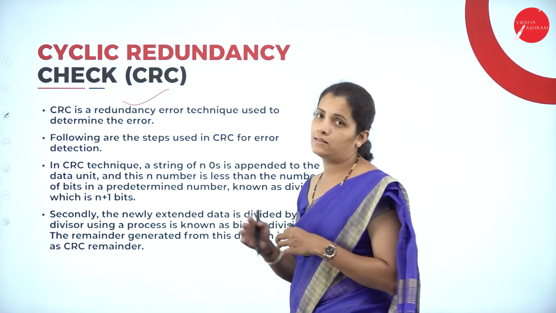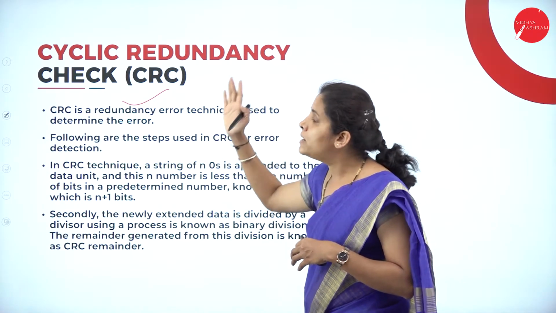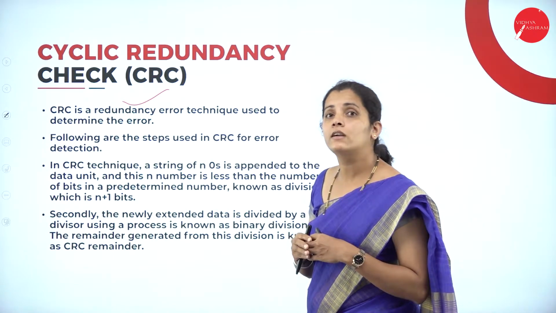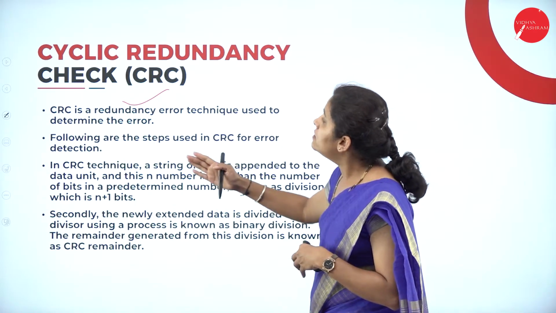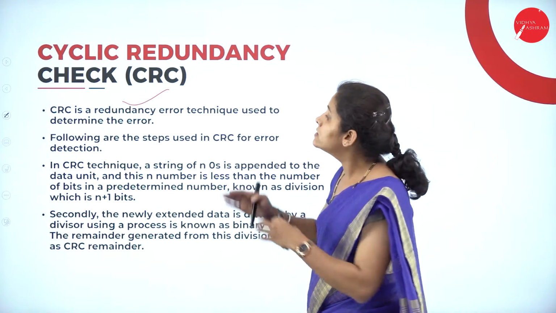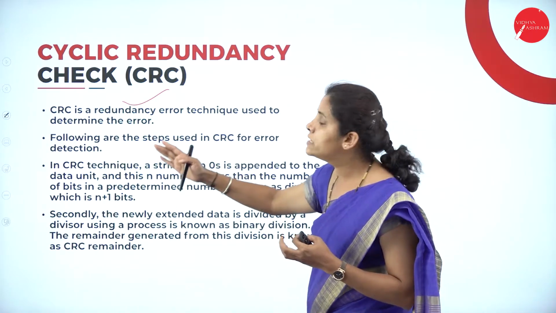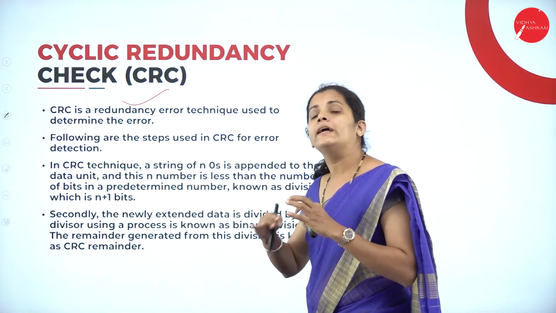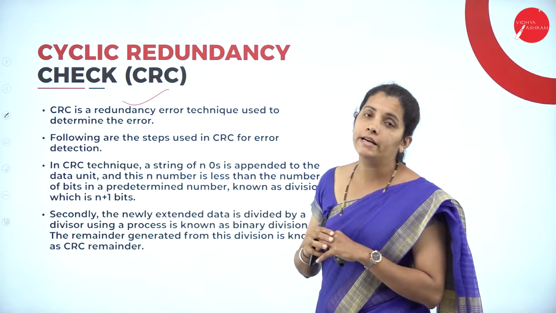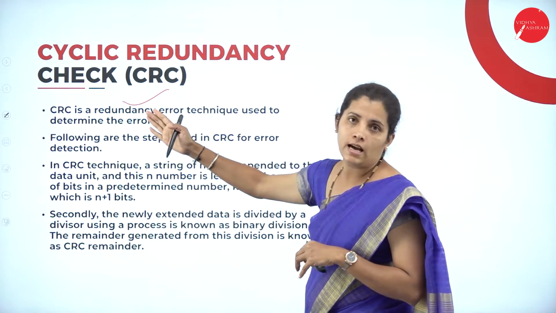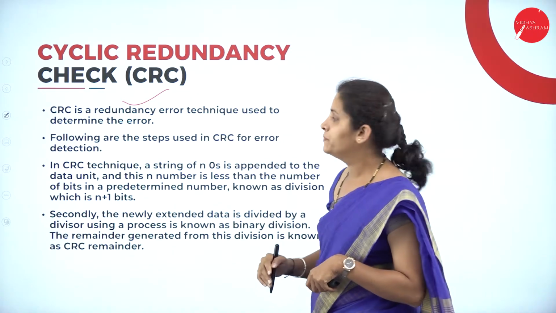On both sides, sender and receiver must agree upon their transmission data pattern. On the sender side, the sender is going to generate the CRC bits. But at the receiving end, the receiver is going to validate the CRC, that is the cyclic redundancy check bits.